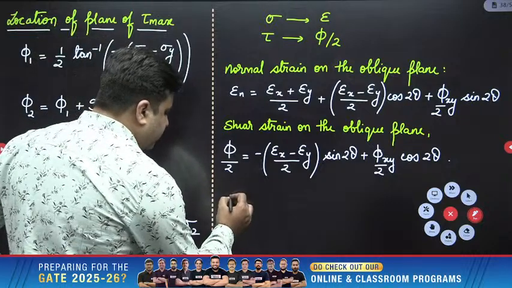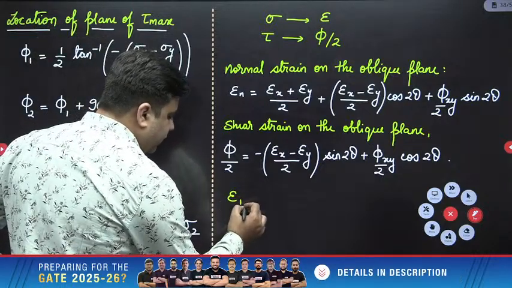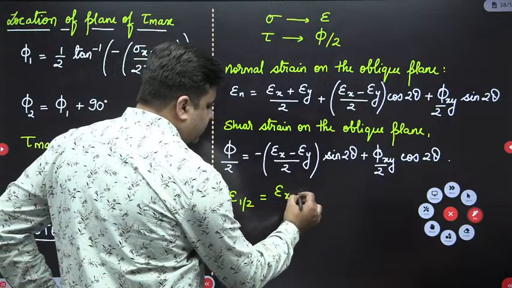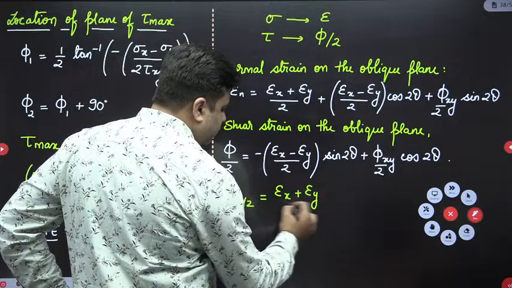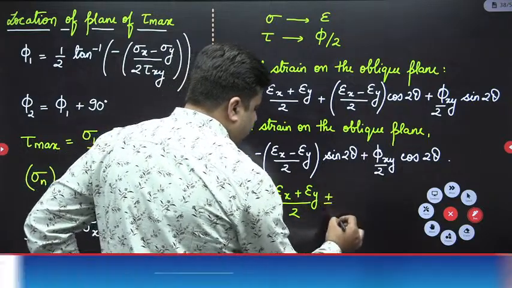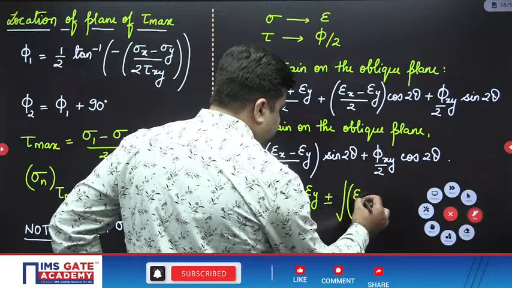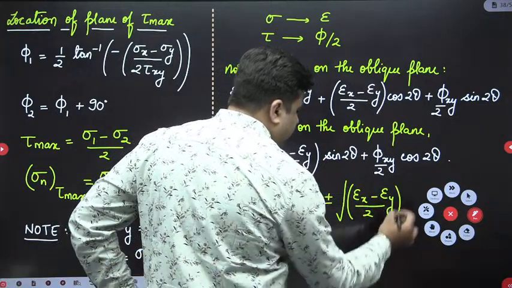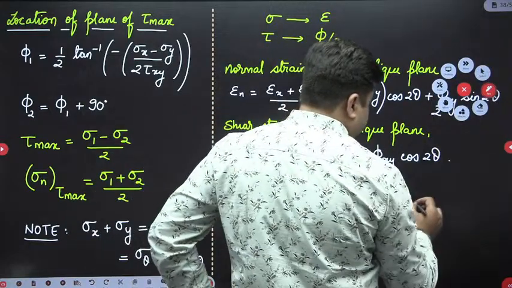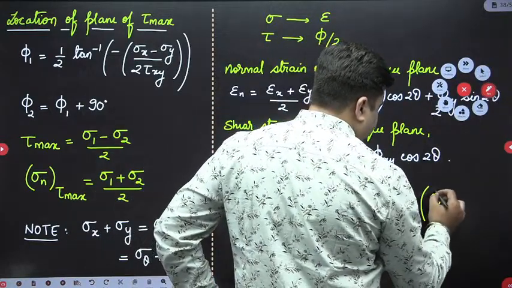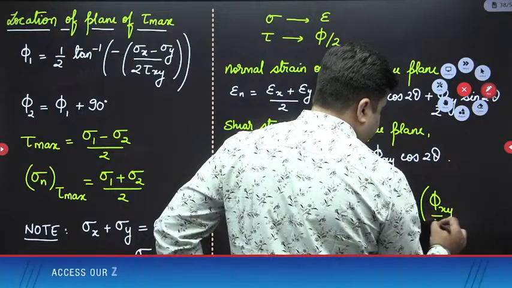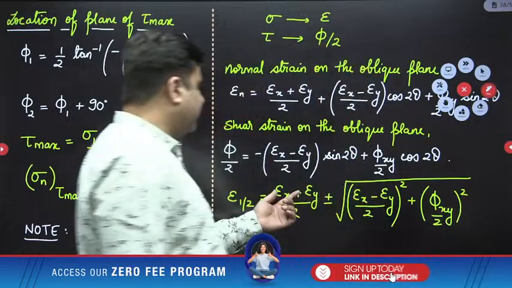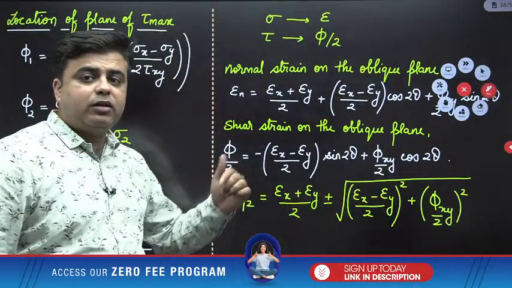Similarly, your major and minor principal strains, epsilon 1, 2, is equal to epsilon x plus epsilon y by 2, plus minus under root of epsilon x minus epsilon y by 2 the whole square plus phi xy by 2 the whole square. And like that you can calculate the value of major and minor normal strain.